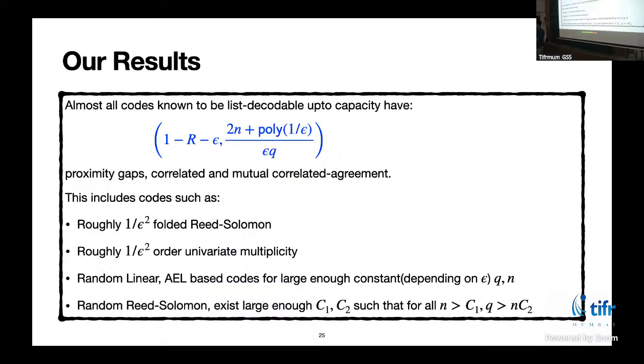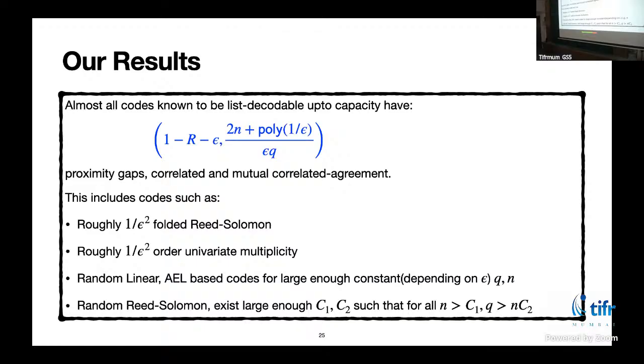I think there are bad configurations, but they are slightly beyond 1 minus R, not quite at Johnson. I think one of the recent papers mentioned something just beyond Johnson, if you're happy with non-constant rate.